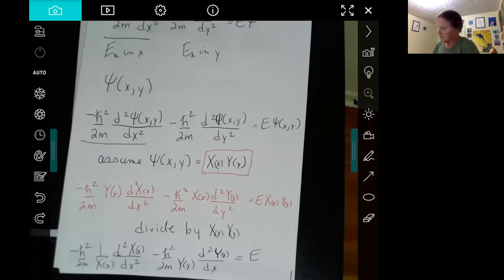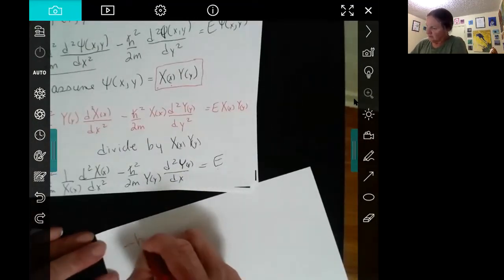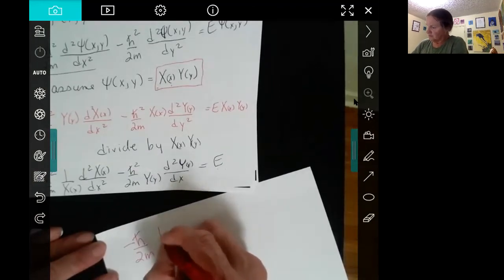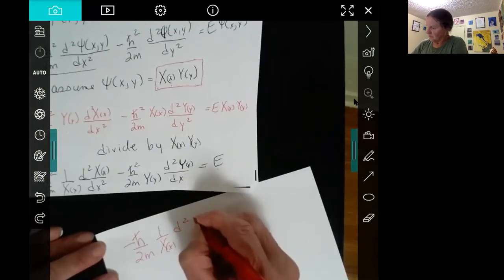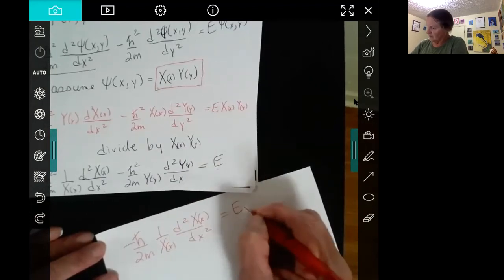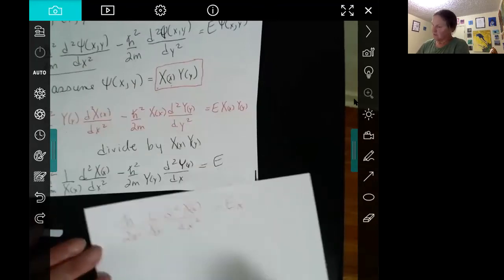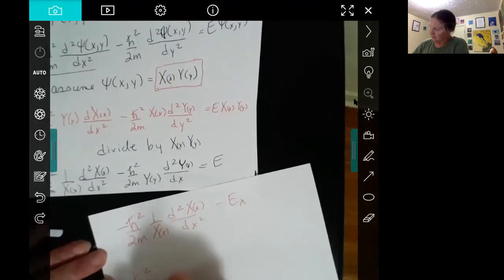So each of those can then be written as a separate equation. That one's equal to a constant, and we'll call it the energy in the x direction. The other one has to be equal to a constant.